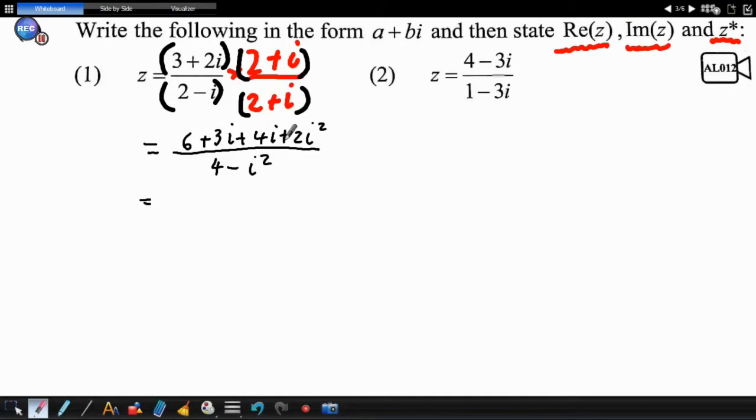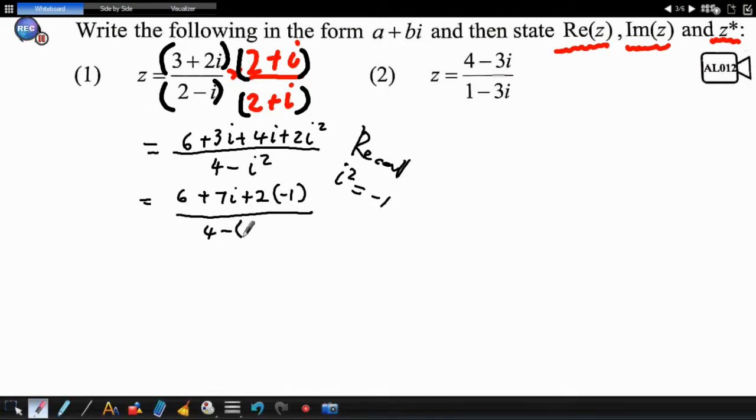Now, we can just collect the like terms. We're going to have 6 plus 3i plus 4i will give you 7i. And then you have the plus 2i squared. Straight away, because I know that i squared is equal to -1, I'm going to just substitute that. And then I will have 4 minus, and I'll substitute -1 there.